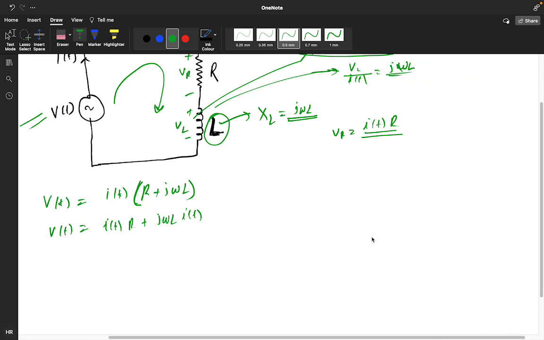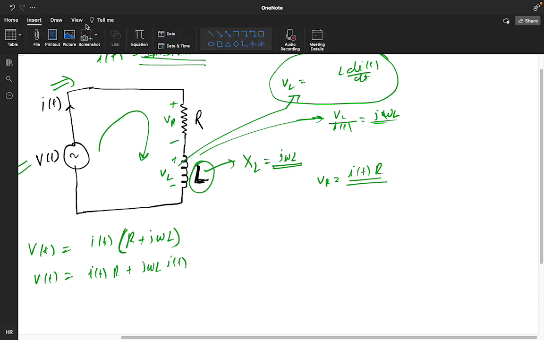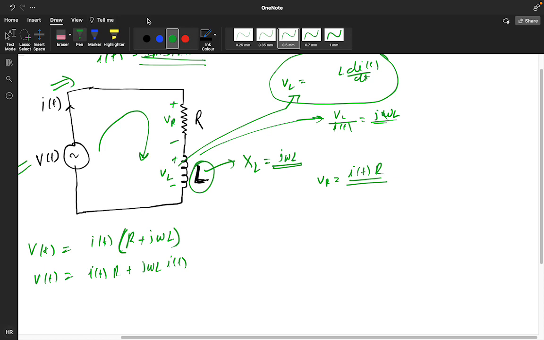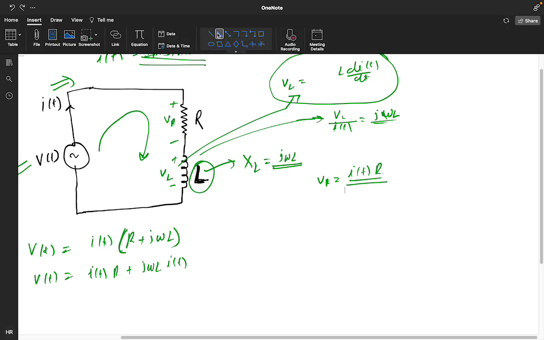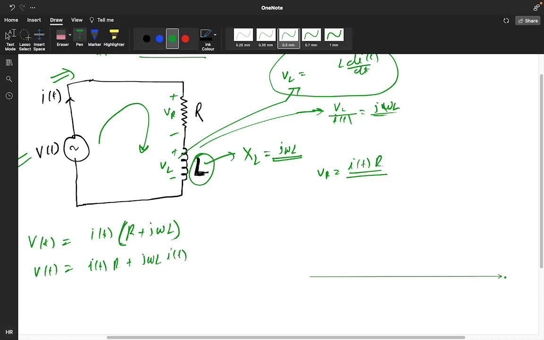Now suppose we have a reference point. If you want to draw the VR voltage, VR is I of t into R, that is Im R sine omega t, the voltage across R. This is your reference, meaning a 0-degree angle.